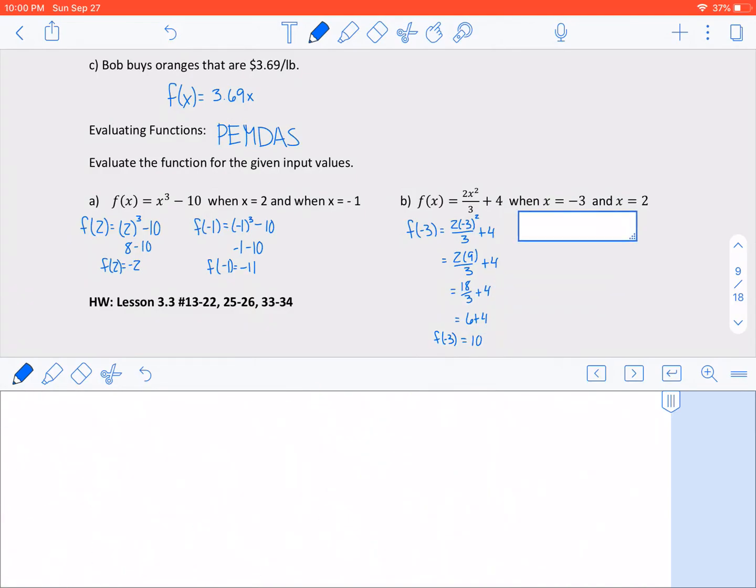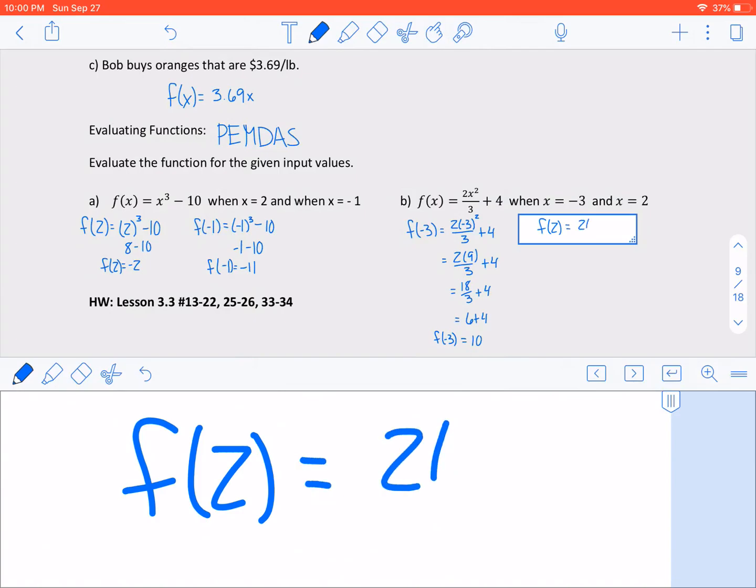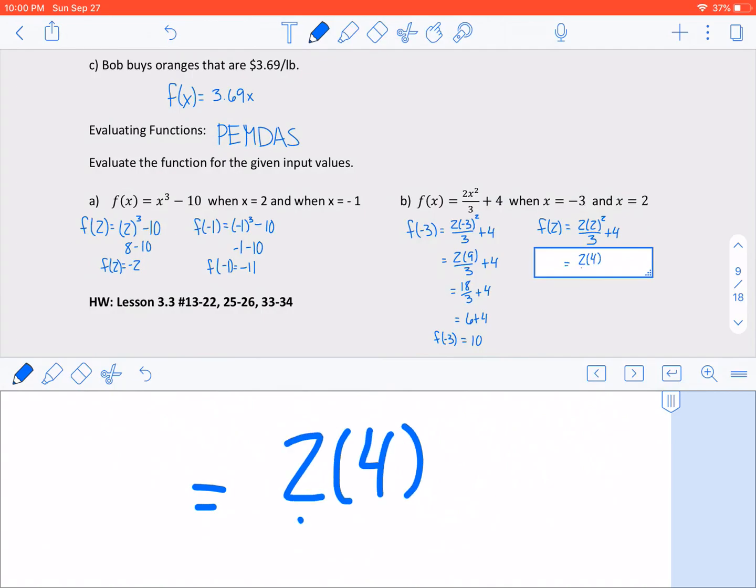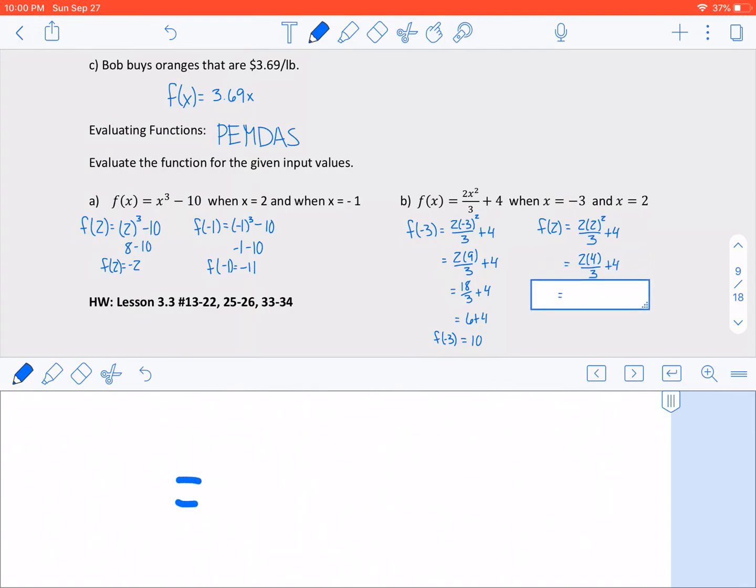Let's do the same thing for 2. Function evaluated at 2 equals 2, parentheses, 2 squared, all over 3 plus 4. So 2 squared is 4. So I get 2 times 4 all over 3 plus 4. 2 times 4 is 8 divided by 3 plus 4. Oh no, we're going to get a decimal here.